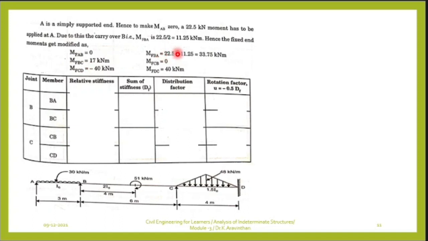You got earlier 22.5, add 11.25, that is half of 22.5. You will be getting the total fixed moment of 33.75 kilonewton meter. And this is the improved fixed end moment. Before starting the procedure, make these changes and then you can start the procedure.